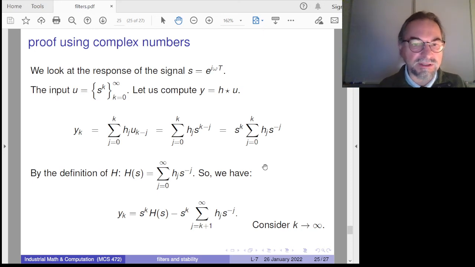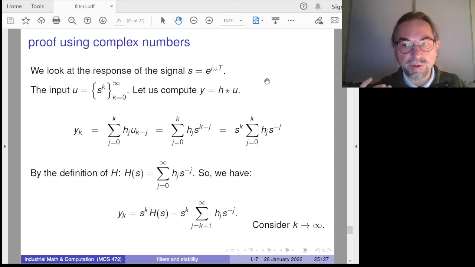But we can fix this. We fix this essentially by taking k as large as we like, as large as necessary. Also here it's important that we work with a stable filter. So also the absolute value of s, it's an exponential where we have this purely imaginary part.